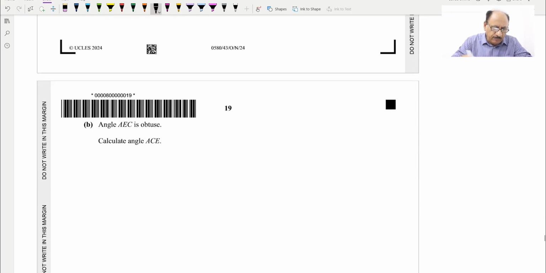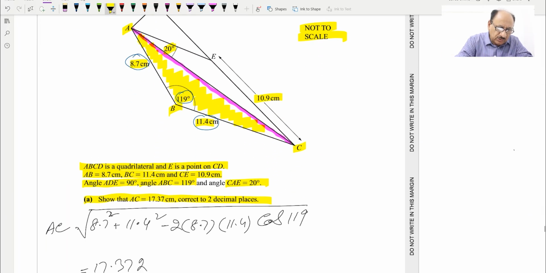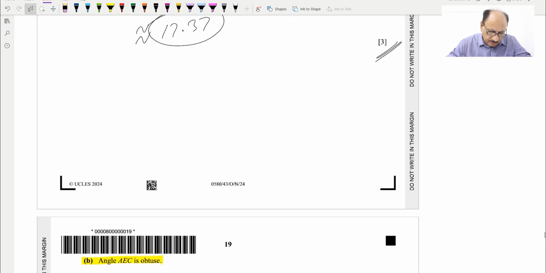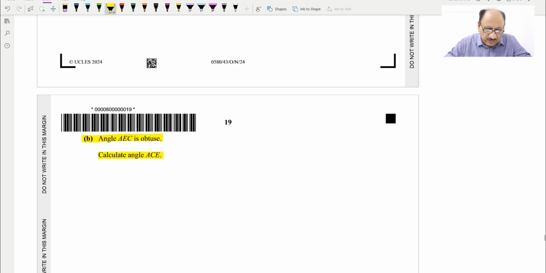Now B part says angle AEC is obtuse. Which angle is obtuse? AEC. Okay, so this angle is obtuse, meaning more than 90 degrees and less than 180. So next they are asking: calculate angle ACE.